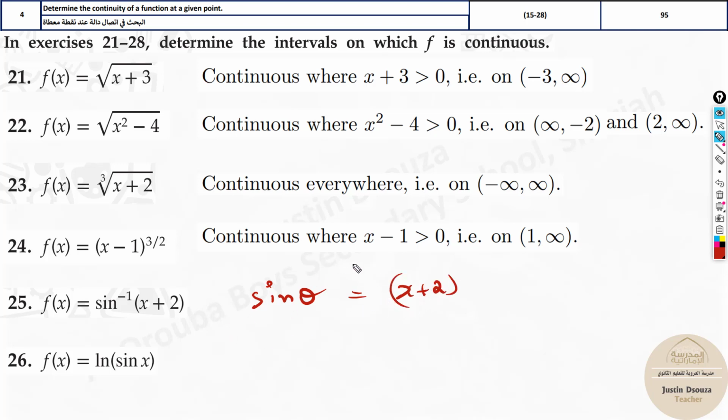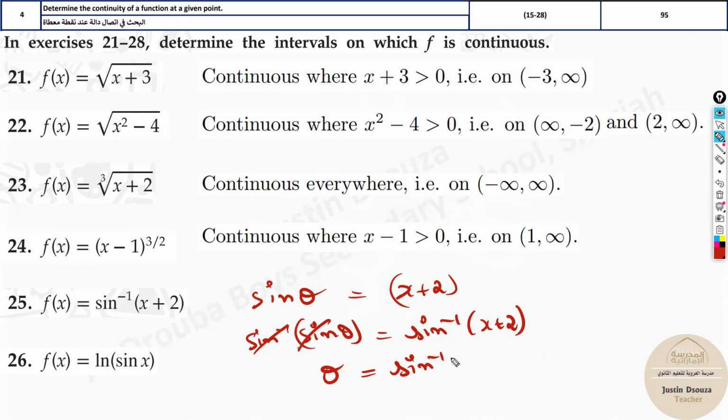If you take sine inverse on both the sides, sine inverse of sine theta is equal to sine inverse of x plus 2. This cancels and theta equals sine inverse of x plus 2, isn't it?